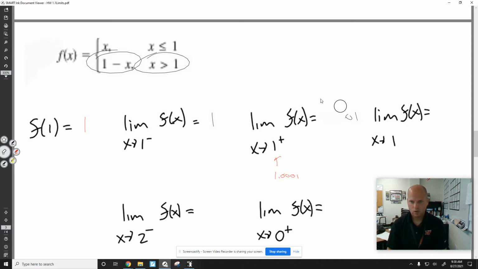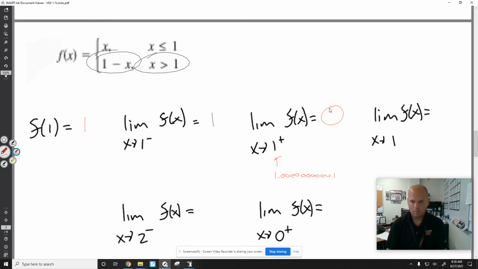Because, think about it, we want to get closer and closer and closer and closer. We want to get infinitely close to 1, just a little bit more than that. That's essentially like plugging in 1 into this piece. And if I plug in 1 into this piece, 1 minus 1 gives me the y coordinate of 0.